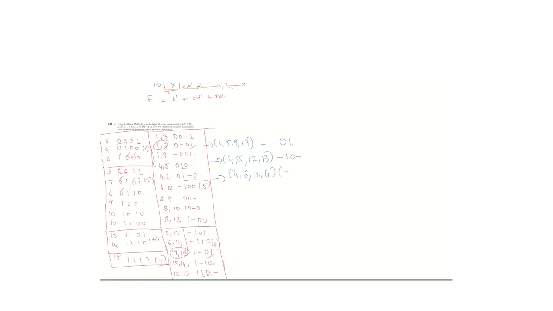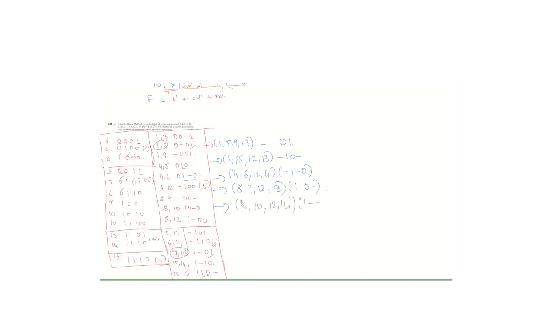Then there is 8, 9, 12, 13, and one more, this would be 1 0 0 1 dash 0, and 8, 10, 12, 14.